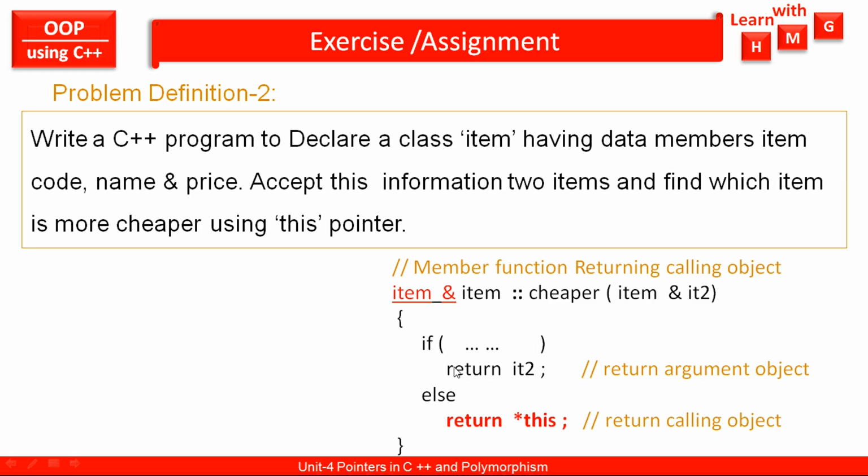If this condition is true, return the argument object it2 suppose, else return the calling object star this. So using this hint of the member function returning the calling object, you can write the complete C++ program to solve this problem. For that, refer to my second program, which will help you to write this particular second program.